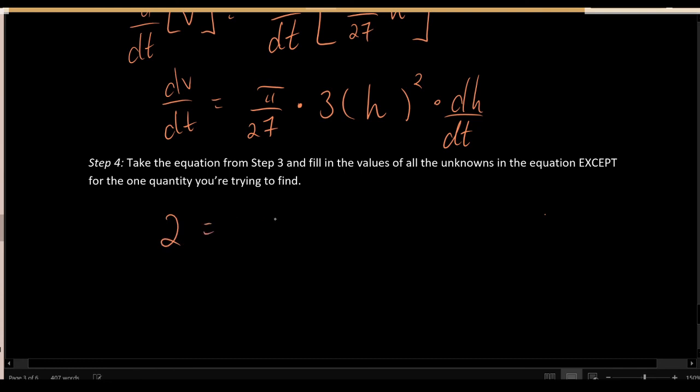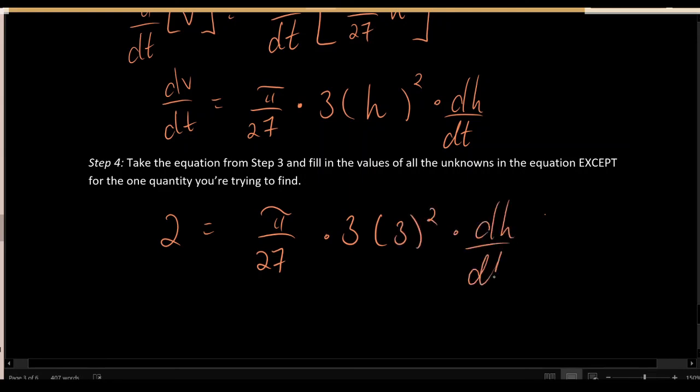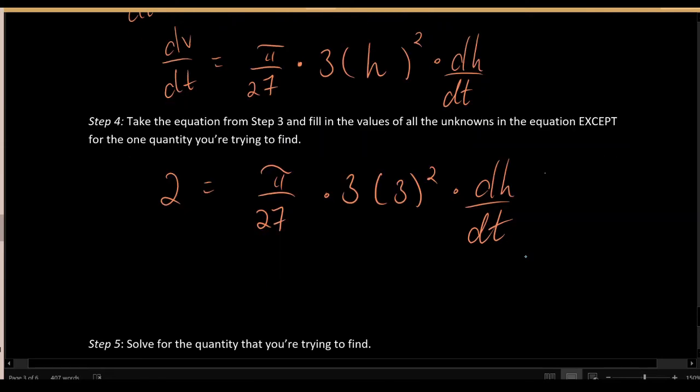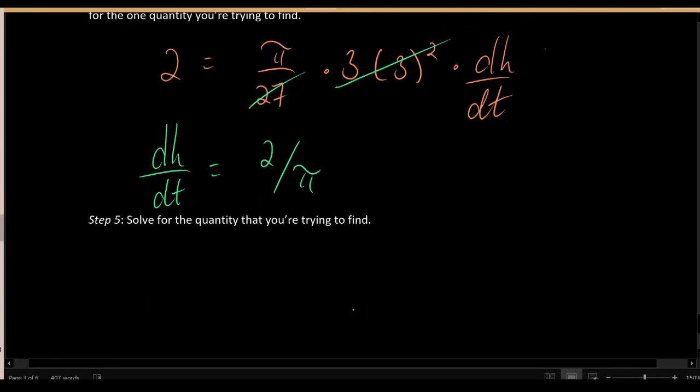So 2 is equal to pi over 27 times 3 squared, and the only unknown left is the quantity that we were asked to find. So 3 times 3 times 3 is 27, so this will simplify, and we get dh/dt equals 2 divided by pi. Alright, that technically should have been in step 5, I suppose. Whoopsie.